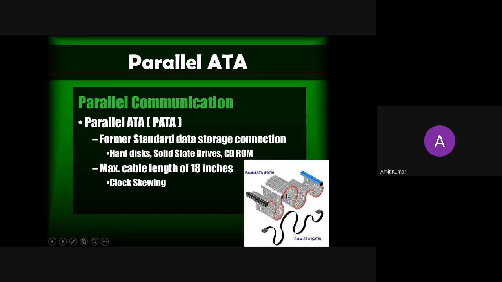You can see these kinds of connectors in your CPU, which is very easy to access. Even in the CD drive we are using this PATA cable for communication between processor and controller. But there is a limitation of using this cable: you can use up to 18 inches only.